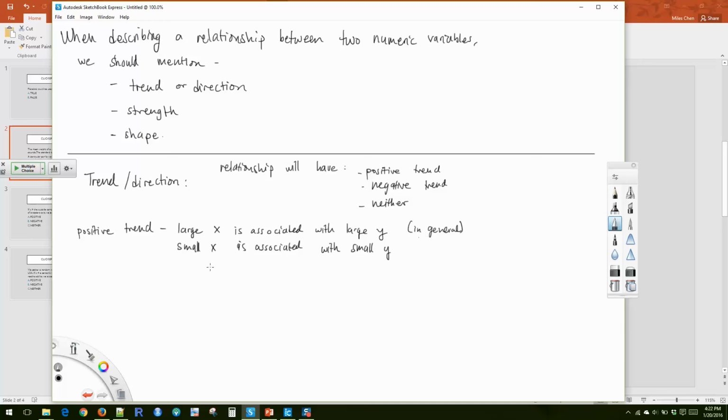Again, in general. Or in other words, we can say x and y tend to move in the same direction.